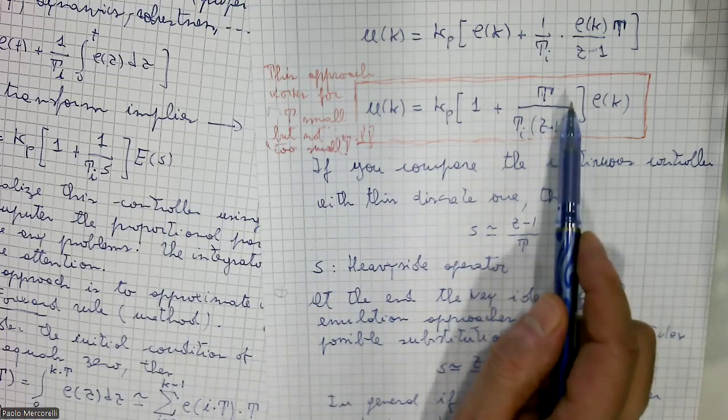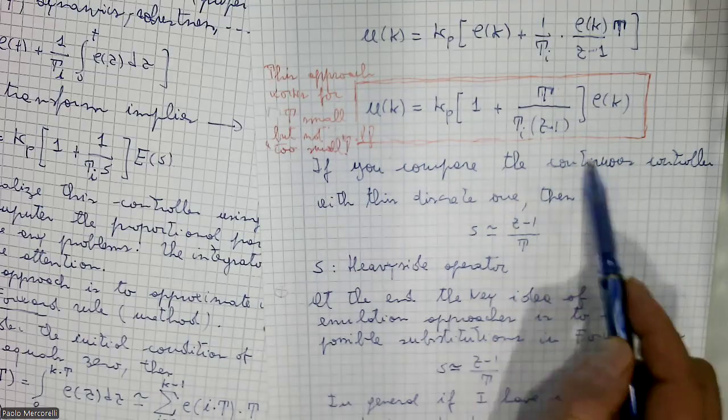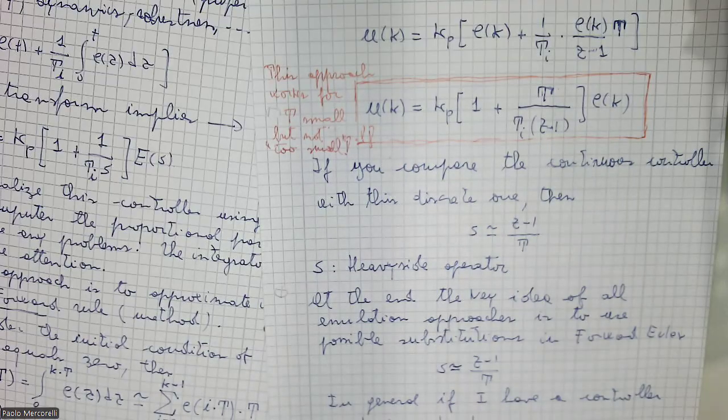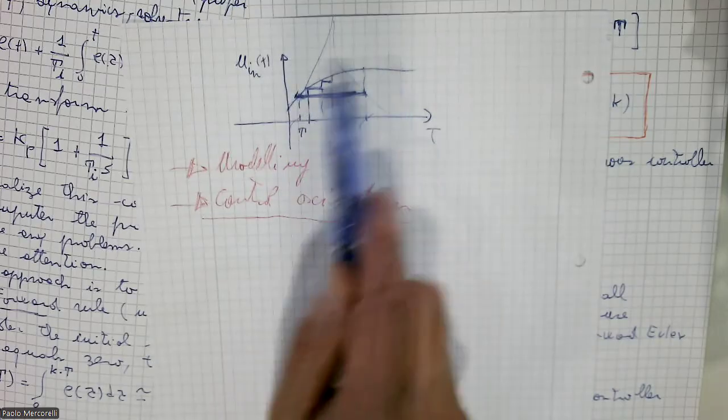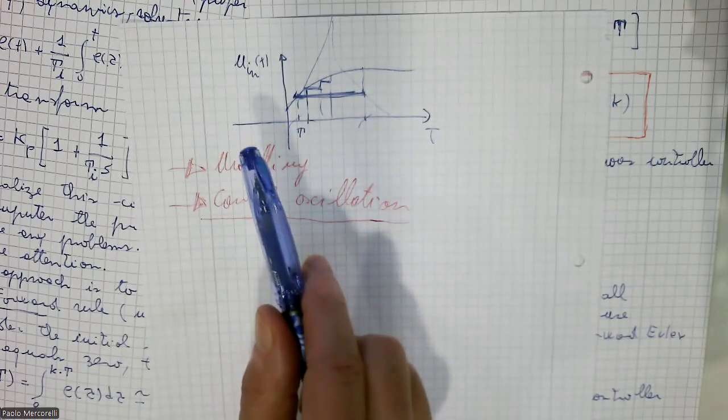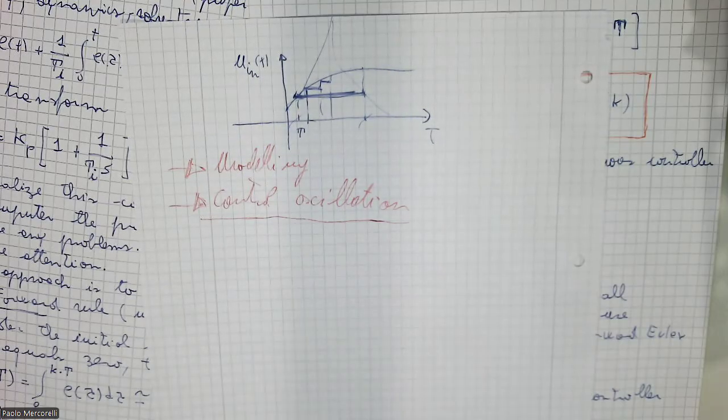Yeah, I think so. This is the controller, which reflects or approximates the continuous controller. And then I say, but look, probably it's better to reduce the T, so I have a better representation of the signals. Please pay attention, we have signals in the controller, and dynamics of the controller.